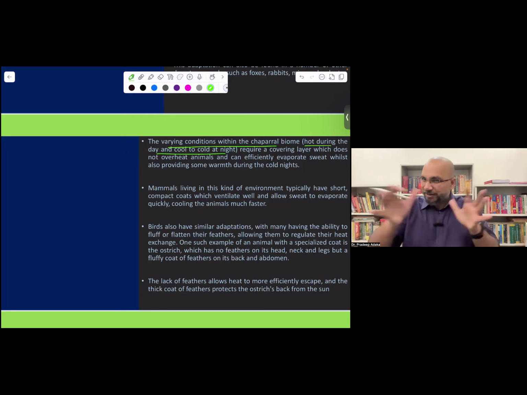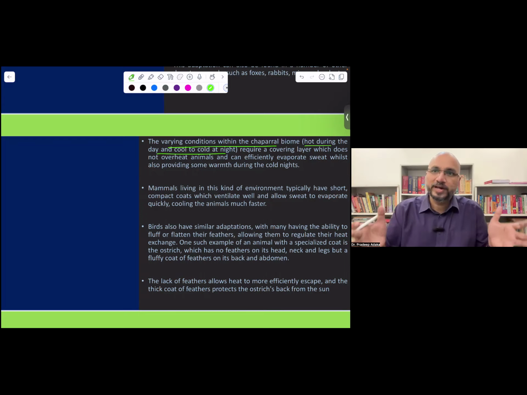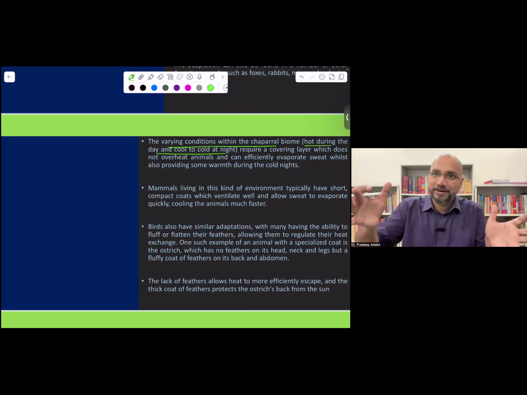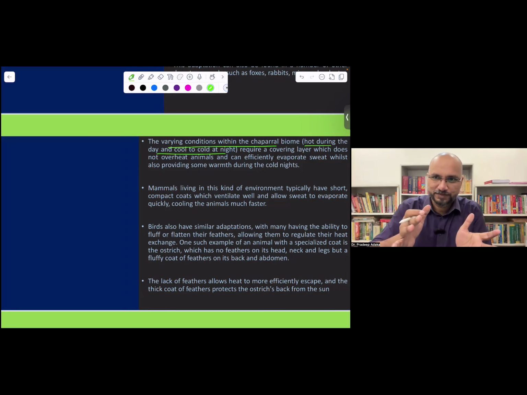So if it is very furry, the animal will overheat. If it does not have any hair, it will cool down very fast. So during the daytime the conditions are very hot, during the night time it is cold, so it has to adapt to both. So the body hair is not very thick fur and it is not very thin also.